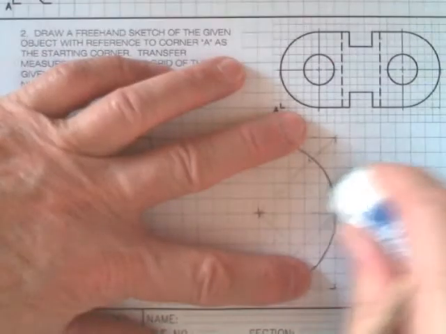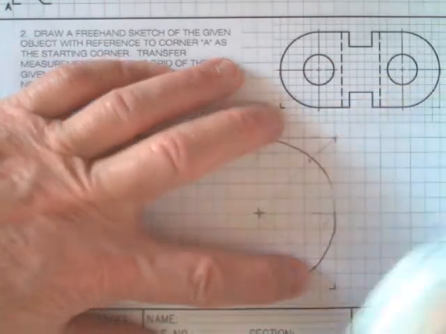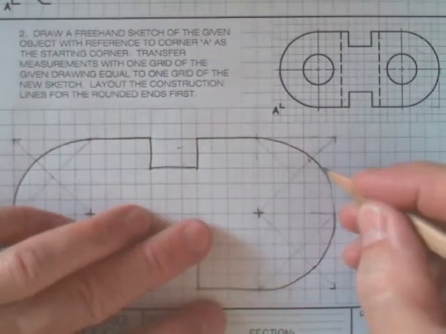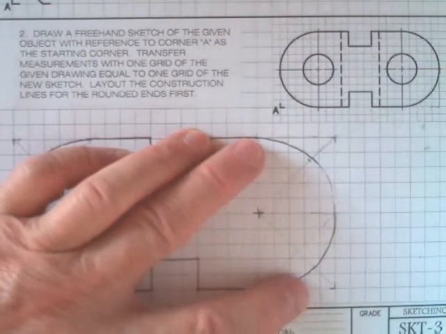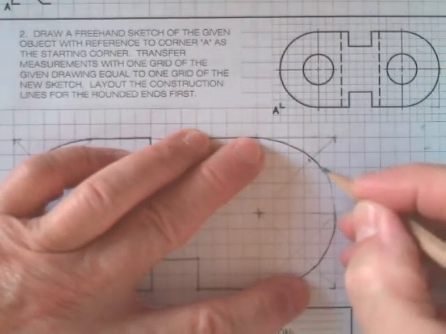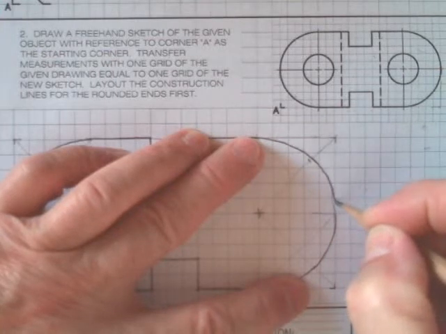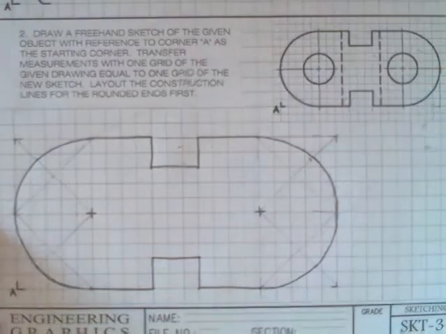We have a problem over here. I don't like to erase unless it's just absolutely necessary. Whoops. But we'll bring that back in and make it look a little bit better.